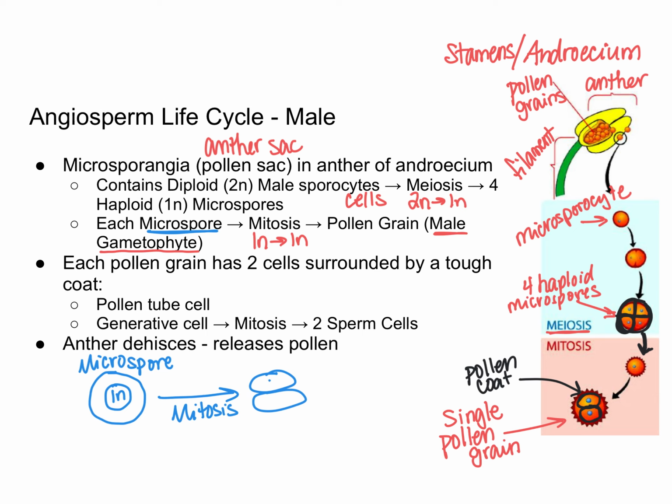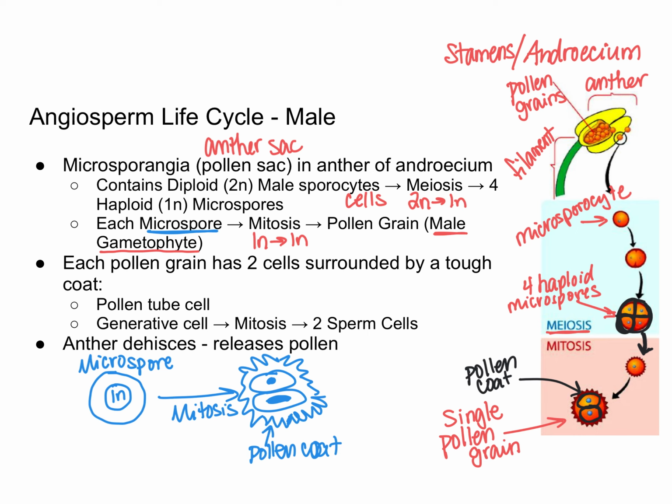And I'm going to draw these nuclei a little different from each other. That's just to help us distinguish between the 2, because one of them is going to do something different coming up here. Now these cells are surrounded by a pollen coat, which I'm just drawing as squiggly marks here. In some pollen, it is spiky like that.